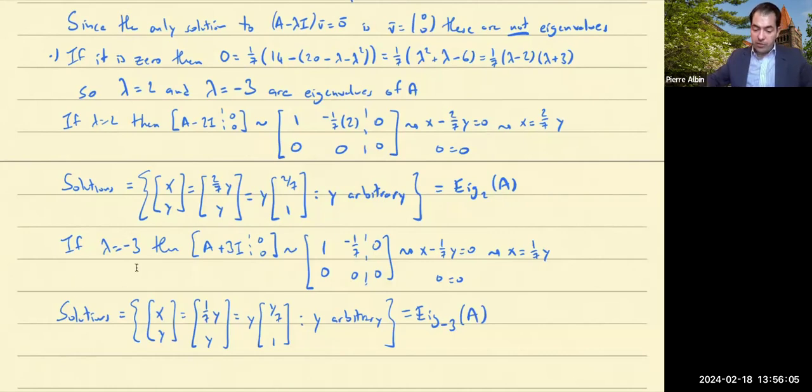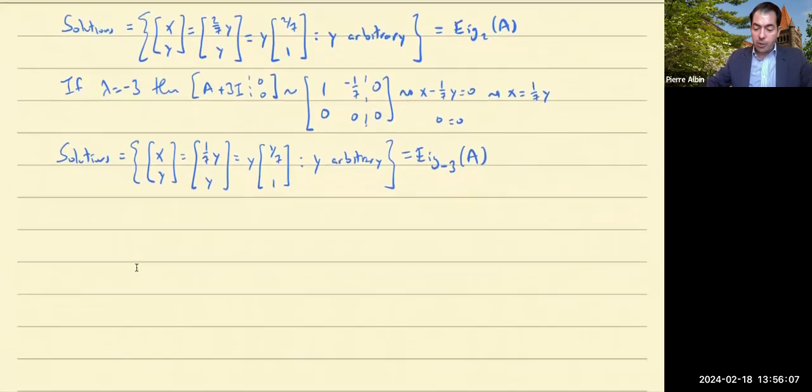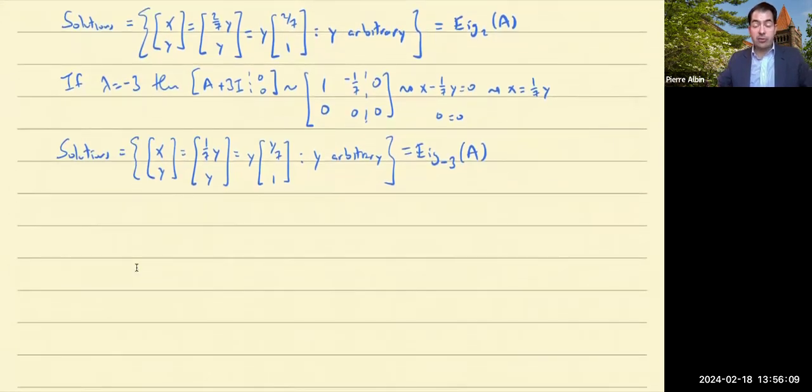So great, that's one example where we figured out all of the solutions of AV equals lambda V with lambda a constant. So let's write this out. How do we find eigenvalues, eigenvectors?